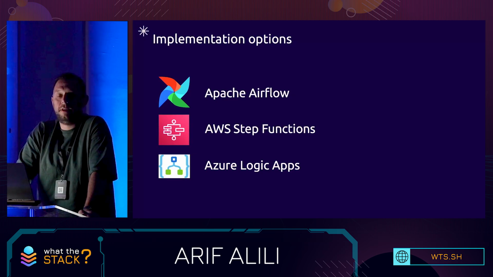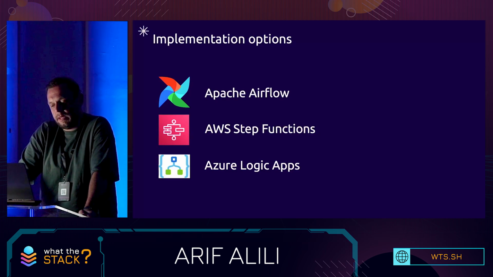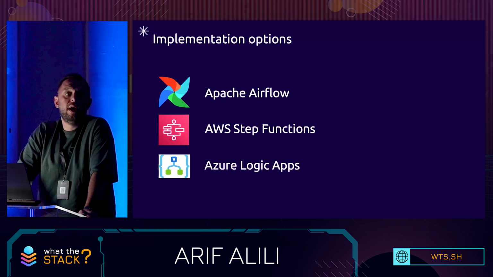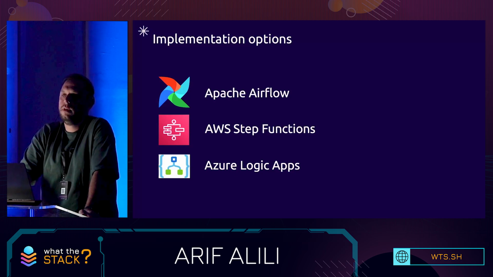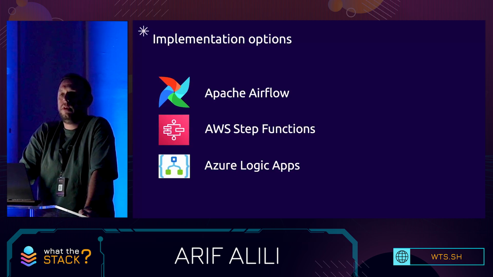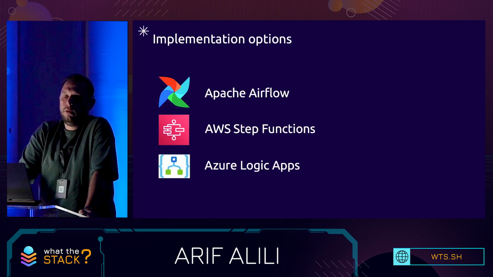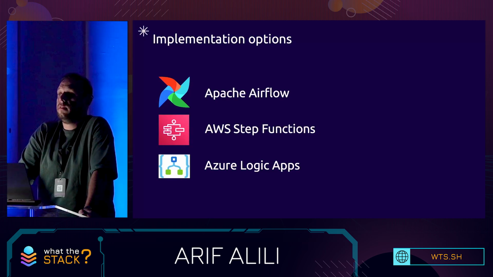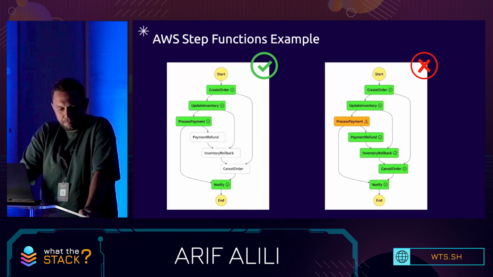One of the implementation options is Apache Airflow, which is a workflow management platform provided by Apache. We have Step Functions or Azure Logic Apps, which are services provided by AWS and Azure, but GCP has them as well. We can utilize these services to implement the Saga pattern easily.